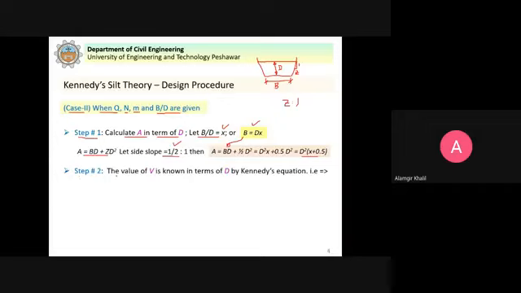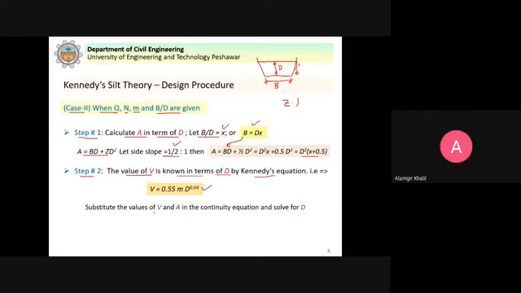Now step number 2: the value of V is known in terms of D by Kennedy's equation. So this is the equation here, the critical velocity that is given by Kennedy's equation.